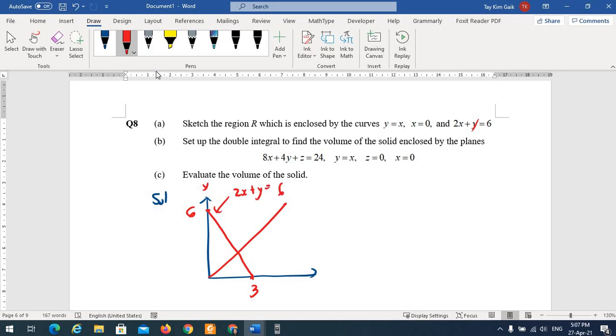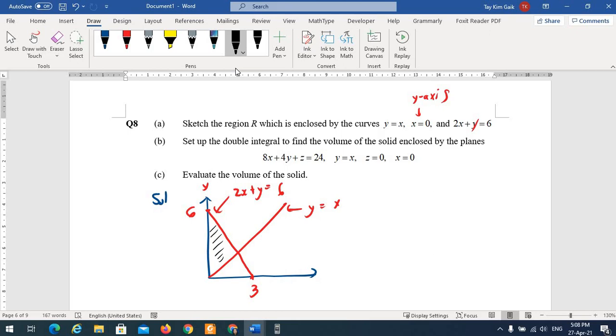So where is the region that we want? The region bounded by the y-axis, x equals 0 is actually the y-axis, bounded by the y-axis, this one, 2x plus y equals 6, and y equal x. So here, the region will be here, bounded by these three curves, 1, 2, 3.